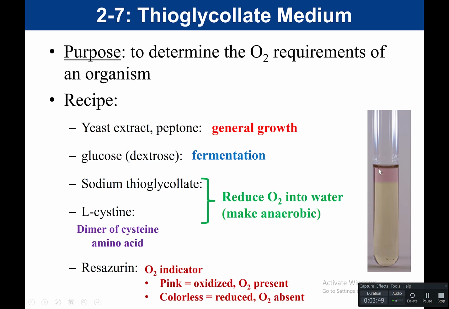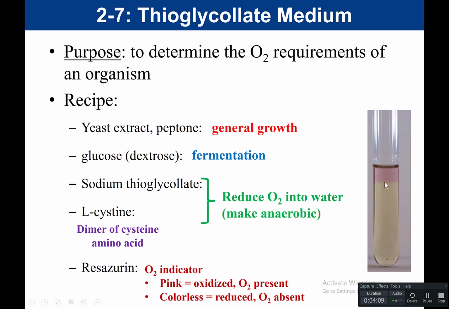So notice that if I look at my thio broth, this is an uninoculated thio broth. At the top it's going to be pink. And it's pink because that's where O2 is present. However, when we go further down in the tube, these two chemicals are going to be making the tube anaerobic.